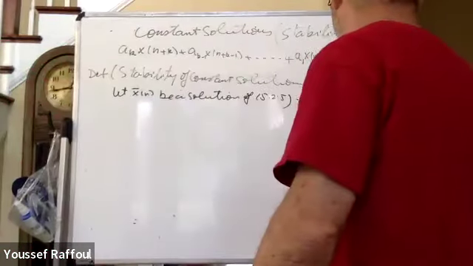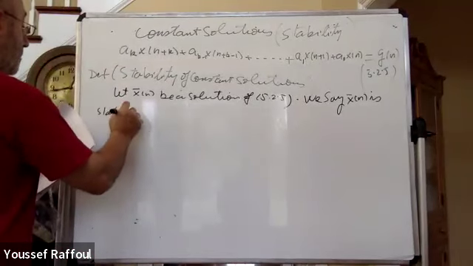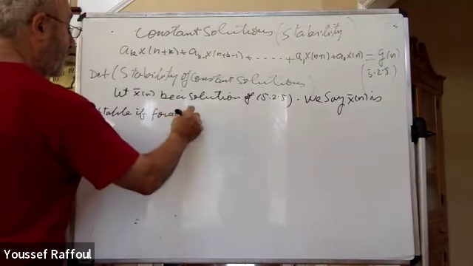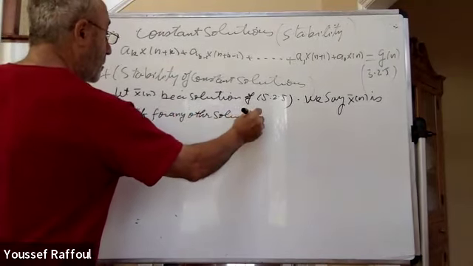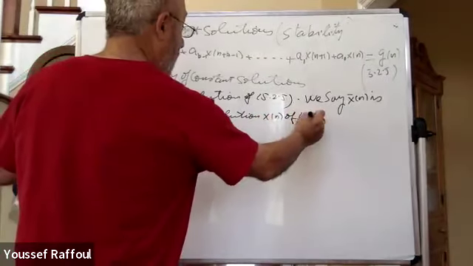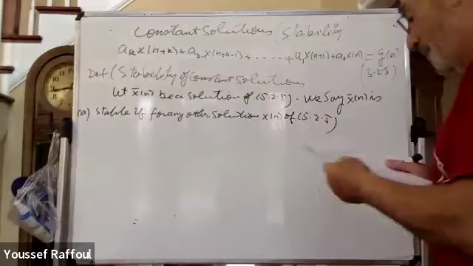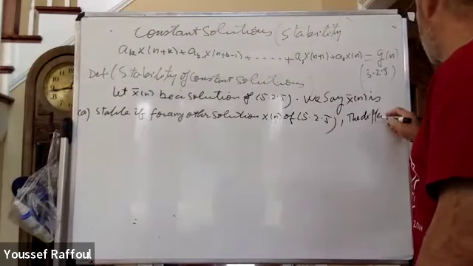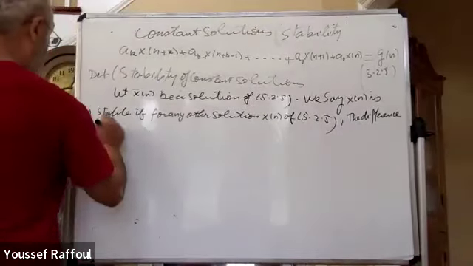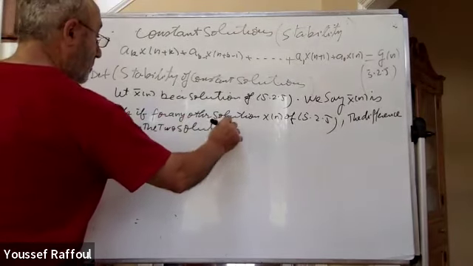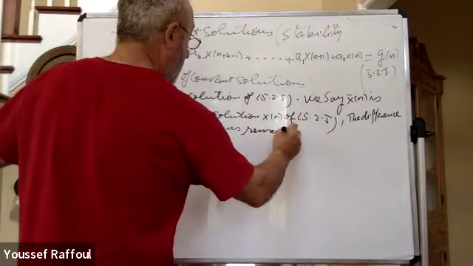Then we say x star of n is stable if for any other solution x_n of 5.2.5, the difference between the two solutions remains bounded.